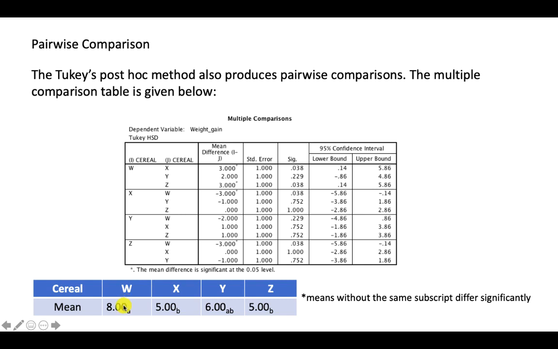We know that W is significantly different from X and Z, but W is not significantly different from Y. So Y also shares the same subscript as A. X and Z share B, and Y, they are not significantly different from one another, so they share the same subscript, but they are significantly different from W. So that's why it doesn't have an A for both X and Z.